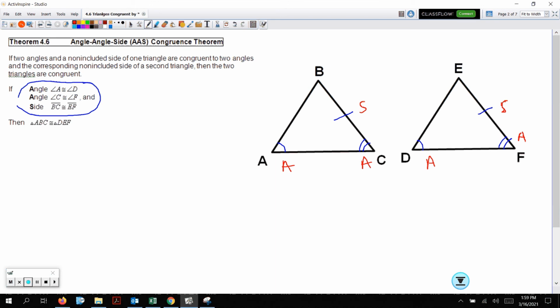Okay, so familiarize yourself with them if you need to make note cards or whatever, but just take the time. Okay, so first off, now we know that we have an angle, we have a side. This is congruent triangles by angle, angle, side theorem. So triangle ABC is congruent to triangle DEF by angle, angle, side.